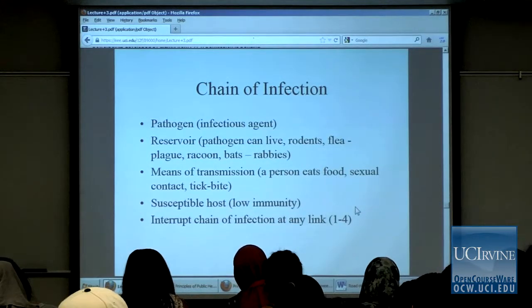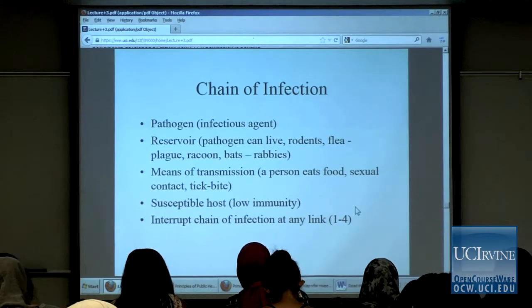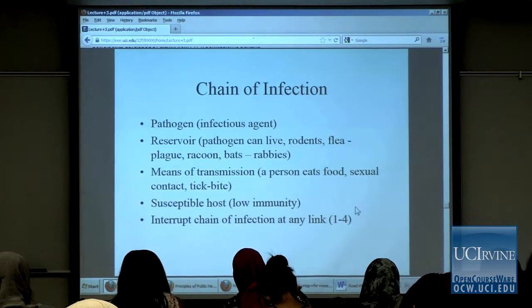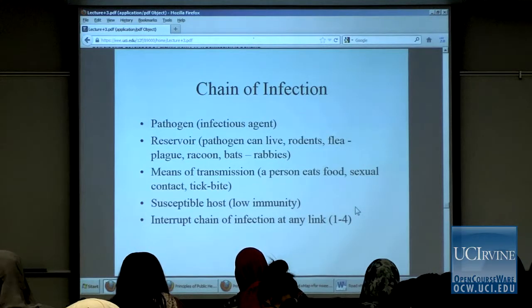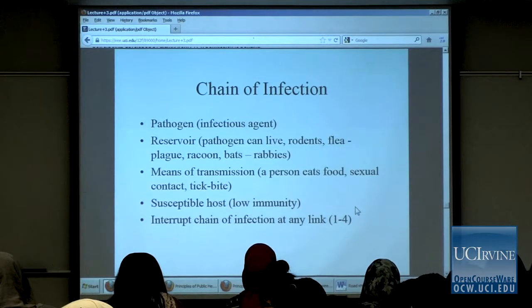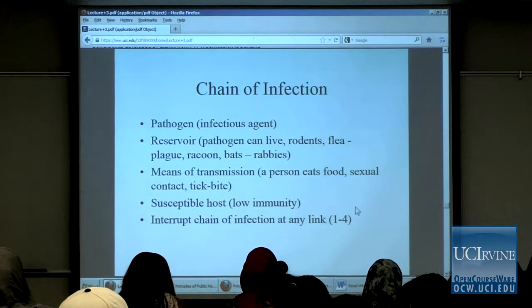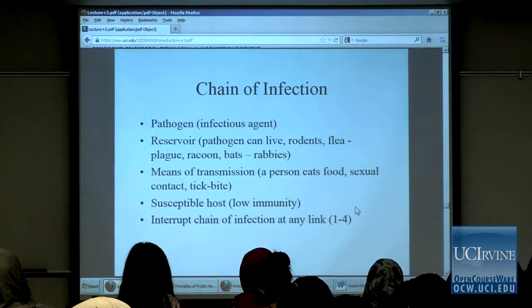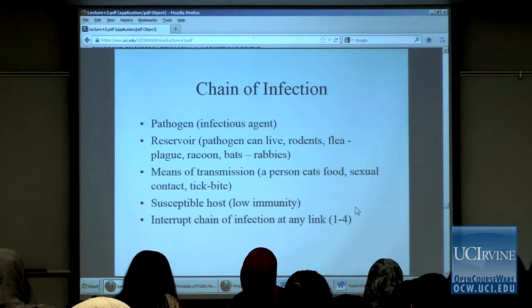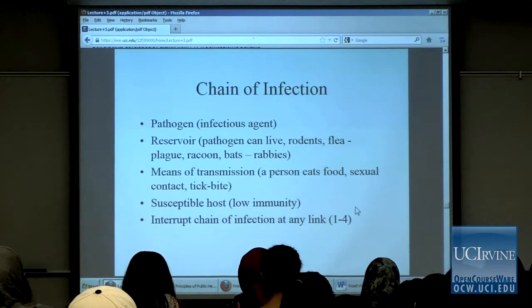Chain of infection. It's also very important to know what the reservoirs are. If we know the reservoirs, maybe we can implement specific tools from public health perspectives to minimize the risk of spreading disease, and we will concentrate on the reservoirs.